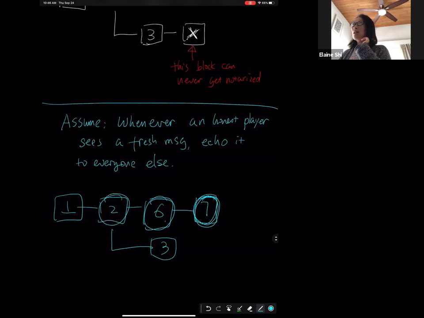If the network conditions are good and all the leaders are honest, this can never happen, because I would have received those votes very quickly within one epoch, right? If the network conditions are good, honest players can make a round trip within a single epoch. And if the leader is also honest, he sent the proposal to everyone, so it should not be the case that I see 7 notarized but haven't seen 6 notarized yet.